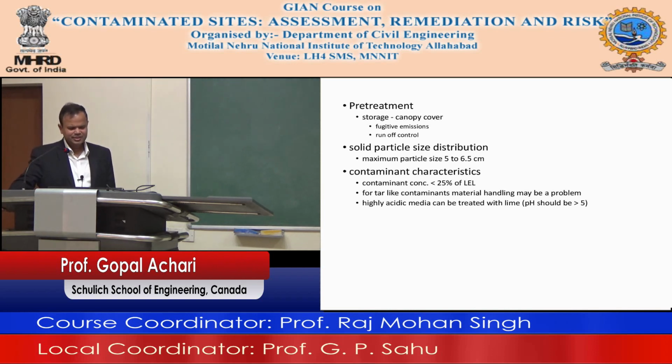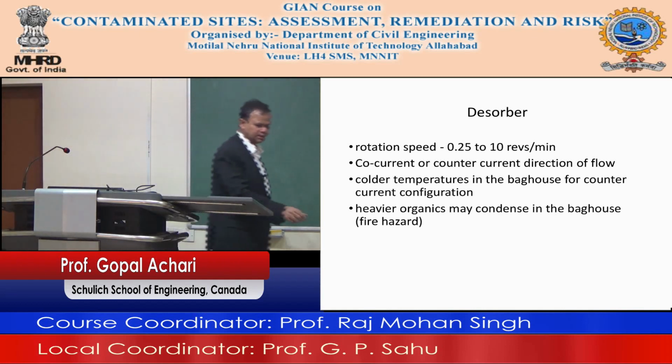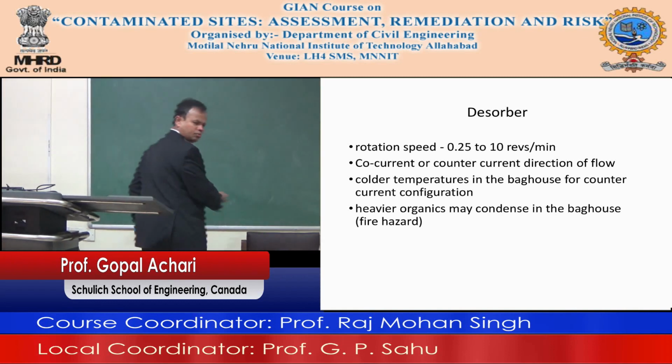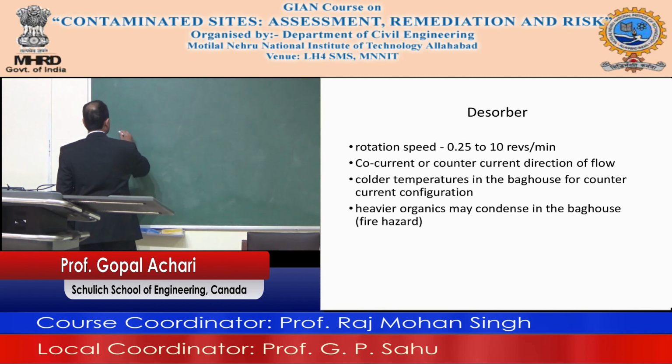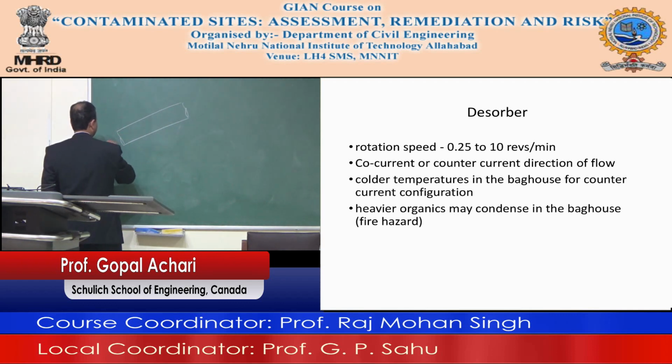This is logistical. You can have a desorber which can be co-current or counter-current. What it means is, let's say you have a cylinder like this. You put your contaminated soil coming through here.